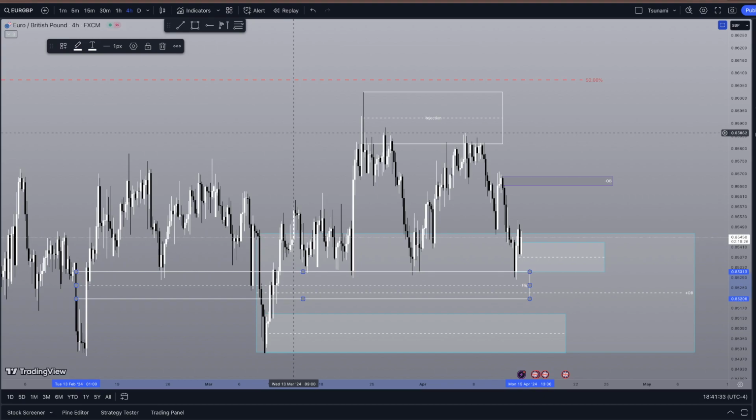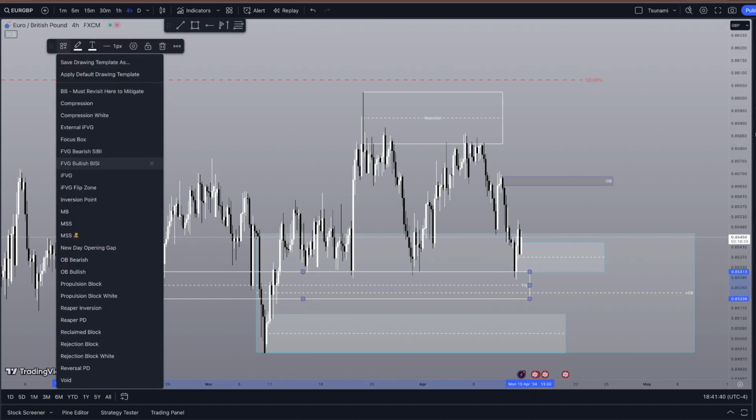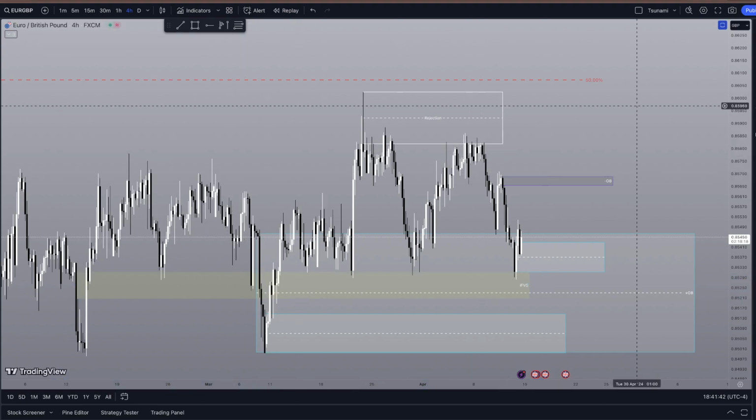I would use this as a flip region, or just an IFVG markup as well, just to denote, right, as price comes into it, it will be referenced. It will be referenced, not just the blocks here. There was also IFVG activity here, but this was the lowest.